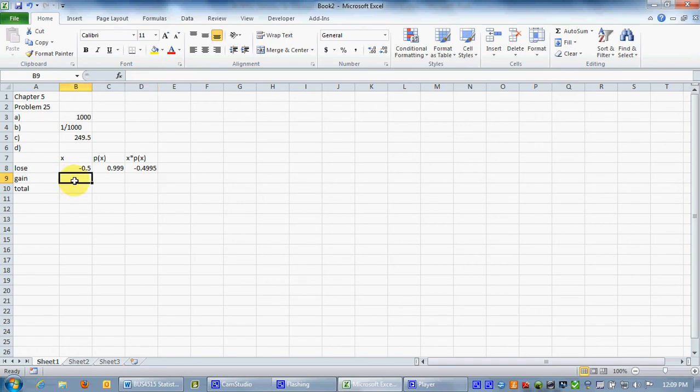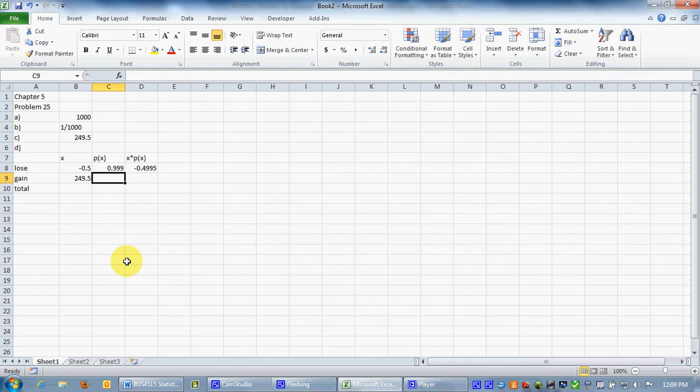Now we have to multiply the amount we expect to gain. Well, the total amount we would gain is the net profit. So that would be from problem C. So we have to take the amount we would win, which is $250, and subtract the 50 cents. So it would be 249.5.